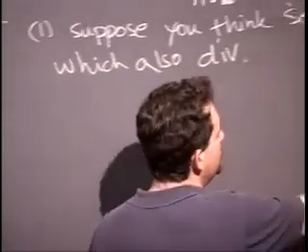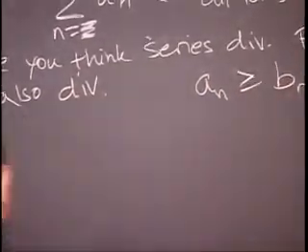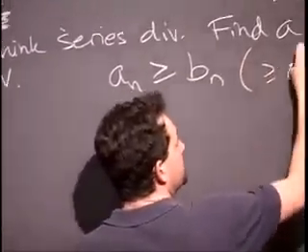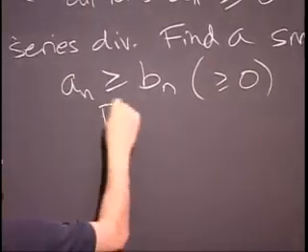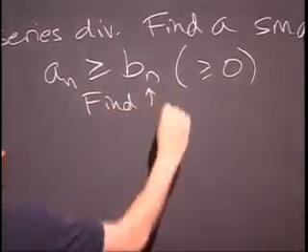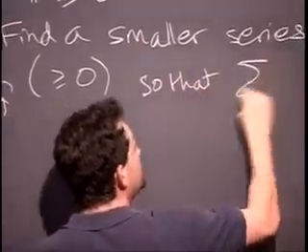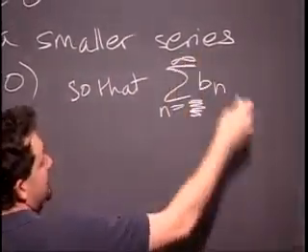I.e., you want an to be bigger than some other bn, and no cheating by picking negative series. This still has to be positive. So find this so that the new series that is simpler, and it doesn't matter where it starts, diverges.